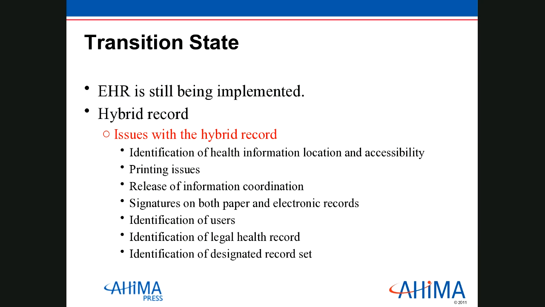If people can go anywhere within the facility and get a copy of the record or get information released, then you have less control, and you're basically asking for a HIPAA violation to happen, because you have to really keep control over it and have those audit trails in place.